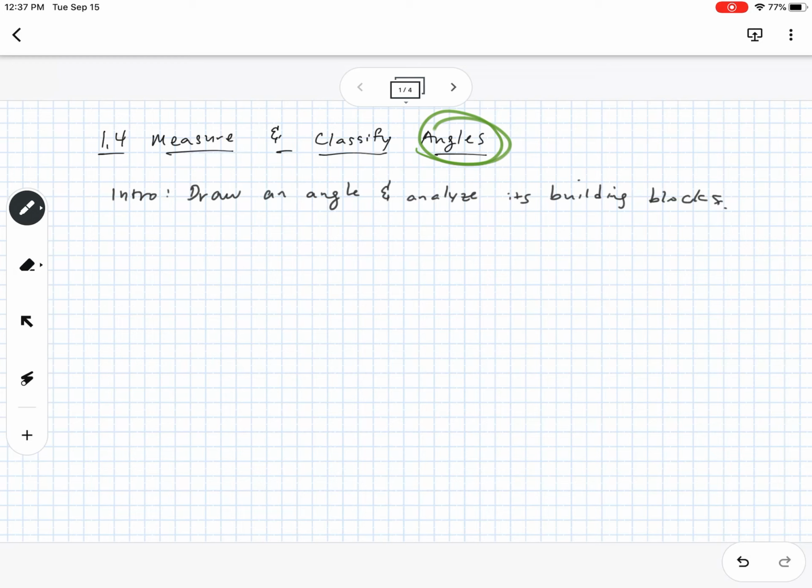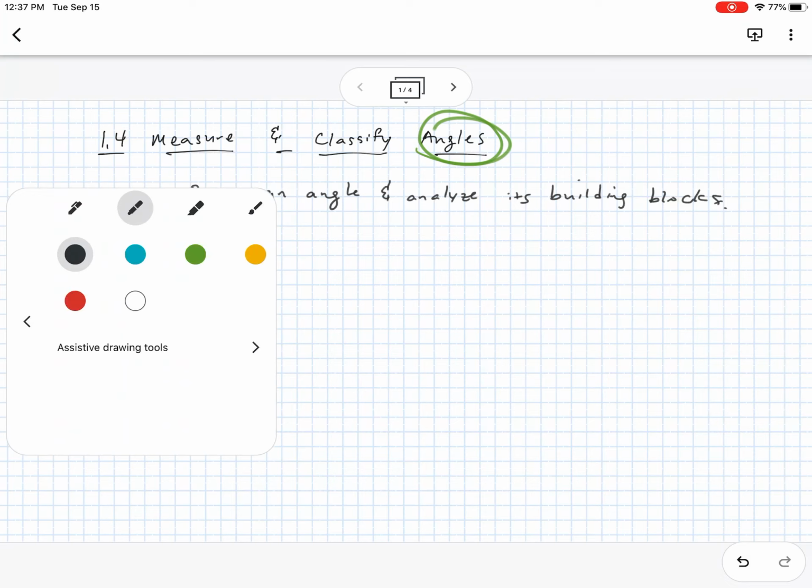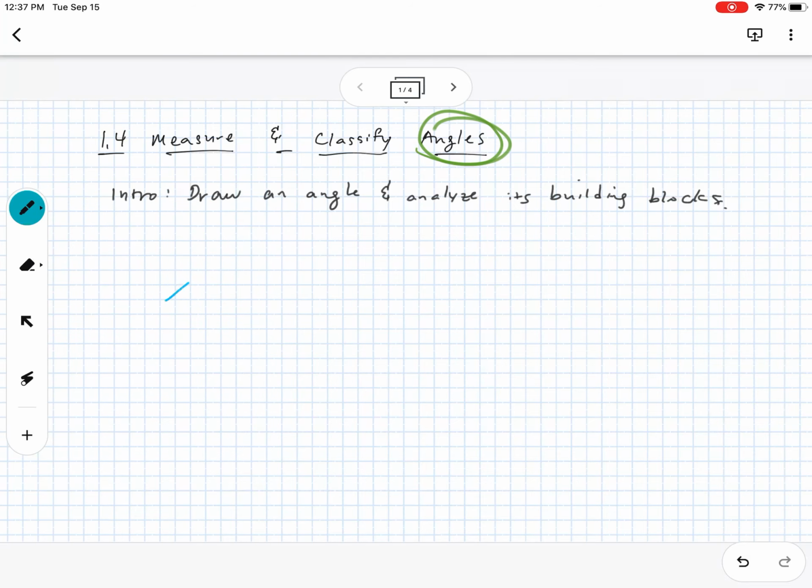So maybe when you think of angles, you think of the corner of something, right? Maybe you think of some of the shapes that you've seen, and the places where the two sides meet. So at its simplest, we would say that an angle looks something like this. But it's not enough just to do that, we want to analyze the building blocks.